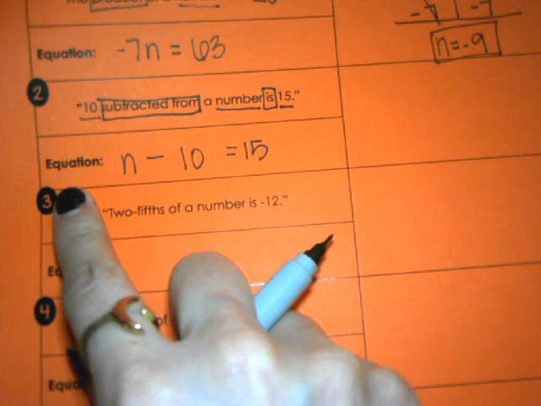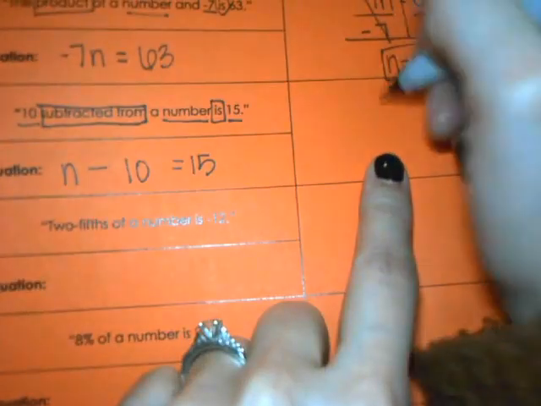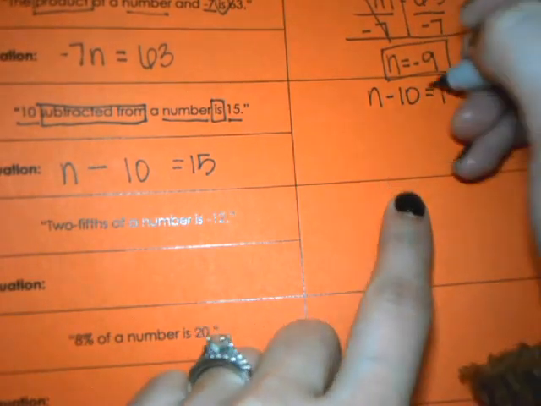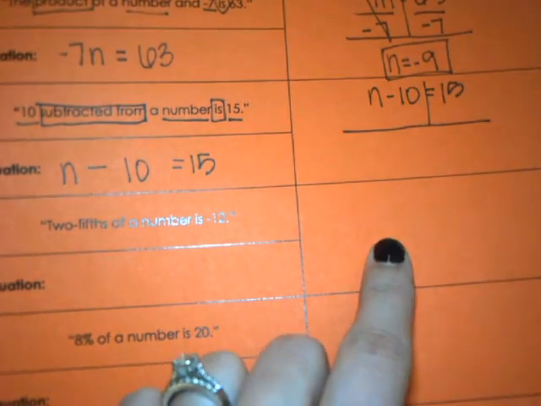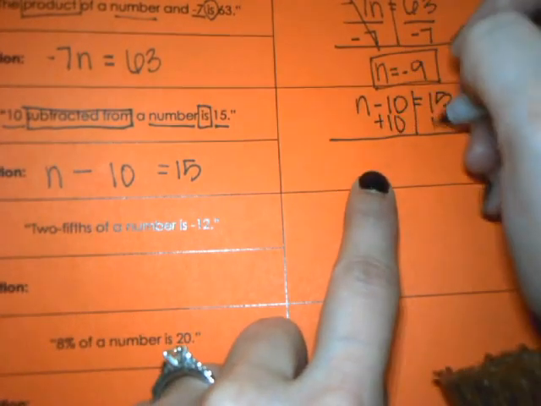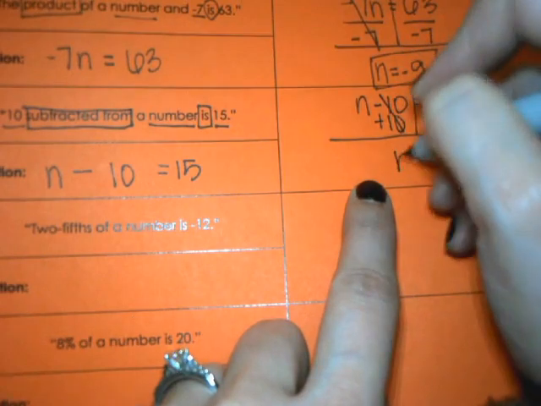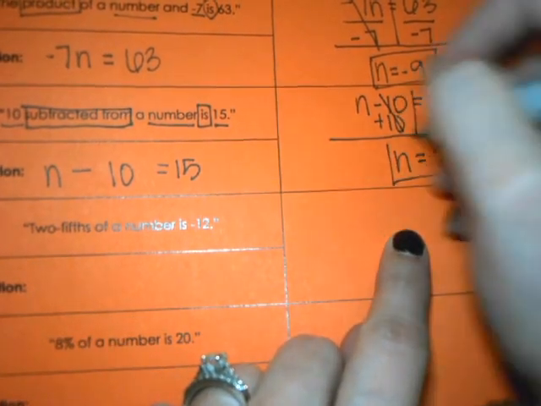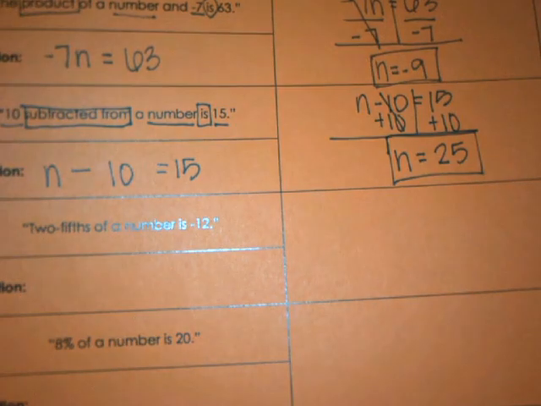Does that make sense, guys? Then you write it over and you solve it. What am I doing to both sides? I'm adding 10. And n is going to equal what? 25. Questions?